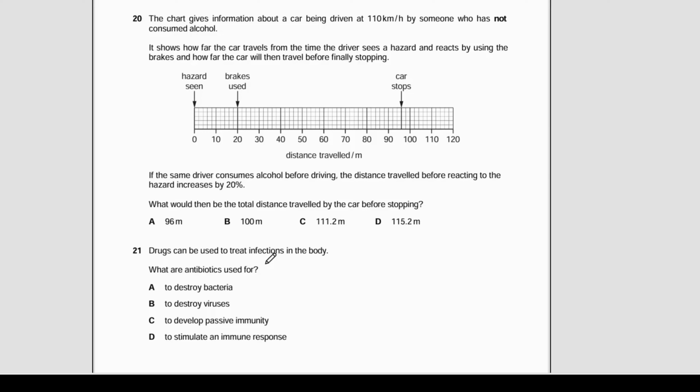Do this 20% of 110 km and then add it to 110.